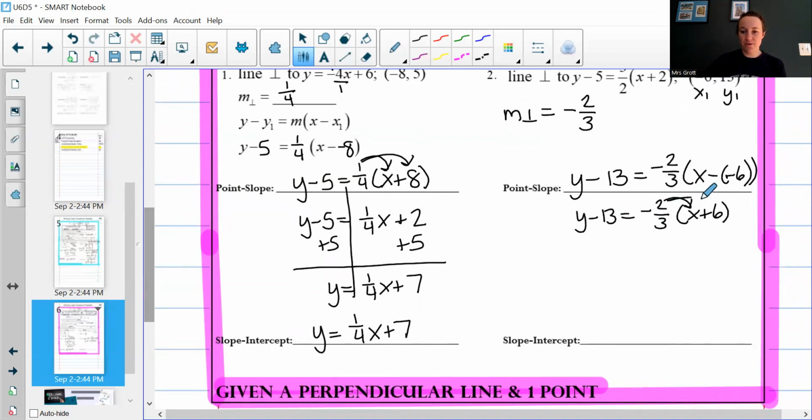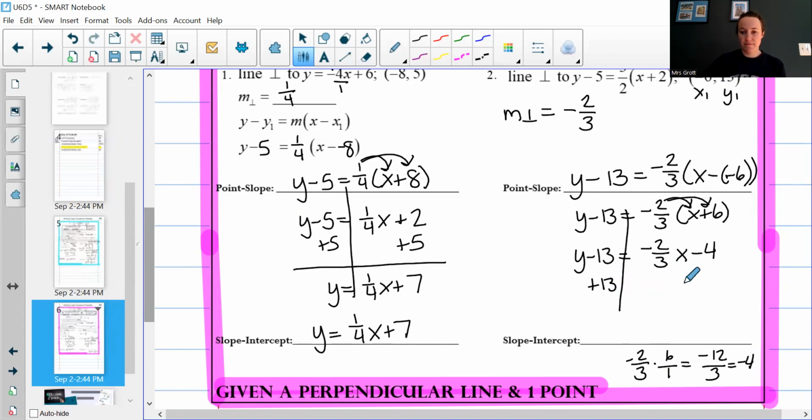Change that into slope-intercept form. So negative 2/3 times 6/1. Get y by itself.